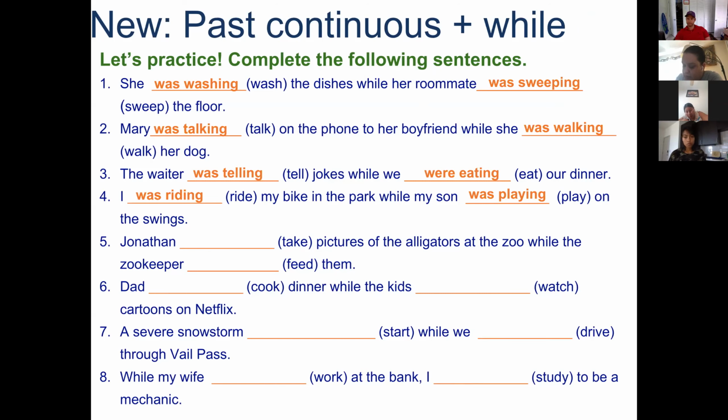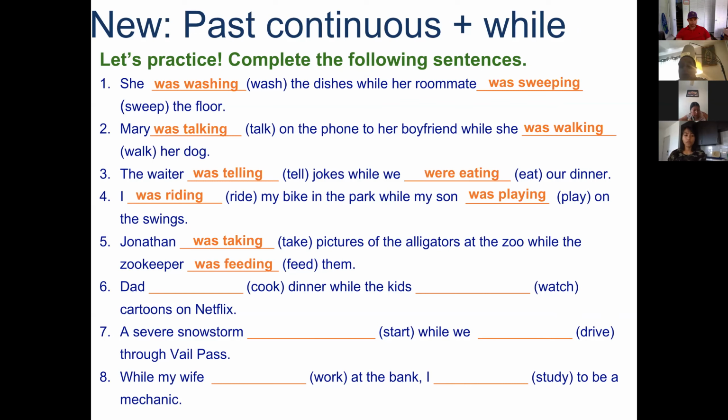Next. Sarai? Oh, sorry. Jonathan was taking pictures of the alligators at the zoo while the zookeeper was feeding them.